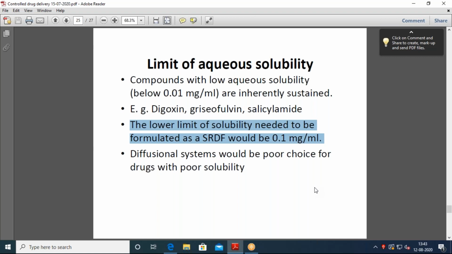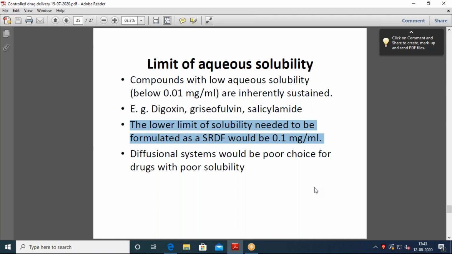I'll tell you a very simple definition of solubility according to physical pharmaceutics. Please remember this. The amount of the substance that dissolves in 100 ml of the solvent can be called solubility. Very simple, I say. Is it clear? Are you able to understand? Yes, sir.